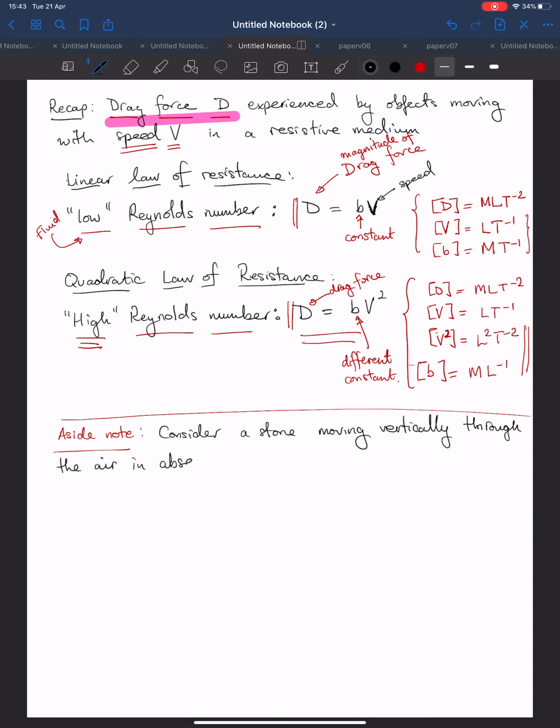Of course, this is generally not true, but just for argument's sake, we'll consider this, because really what I want to do is highlight something concerning the linear law of resistance.